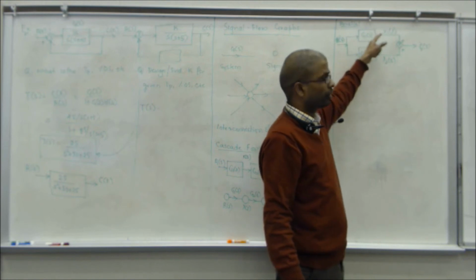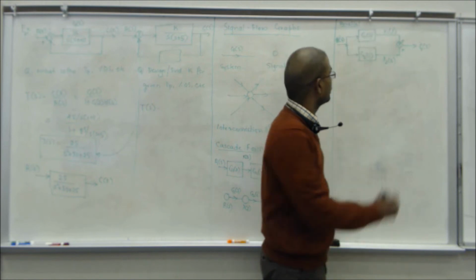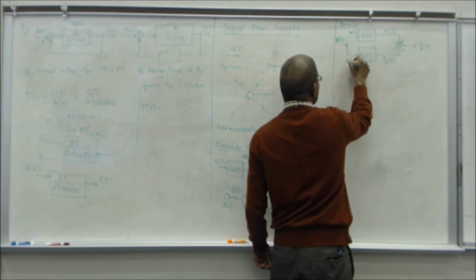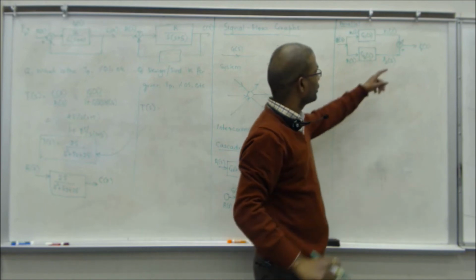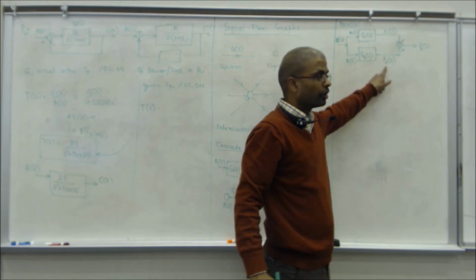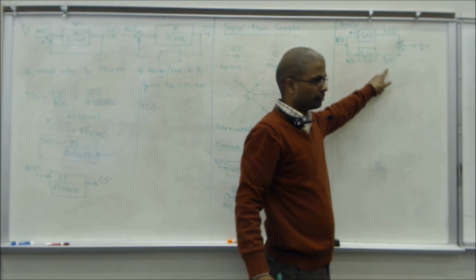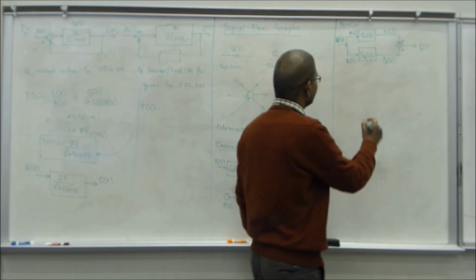But it does change after it goes through G1. Here the signal is still R of S. Here the signal is still R of S. But here it is not R of S, it changes. You cannot name it the same. Okay, this was explained. Okay, I get it.